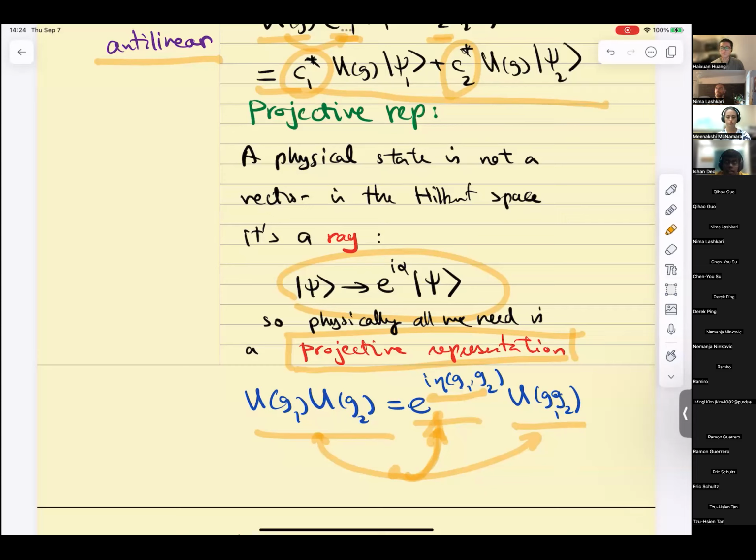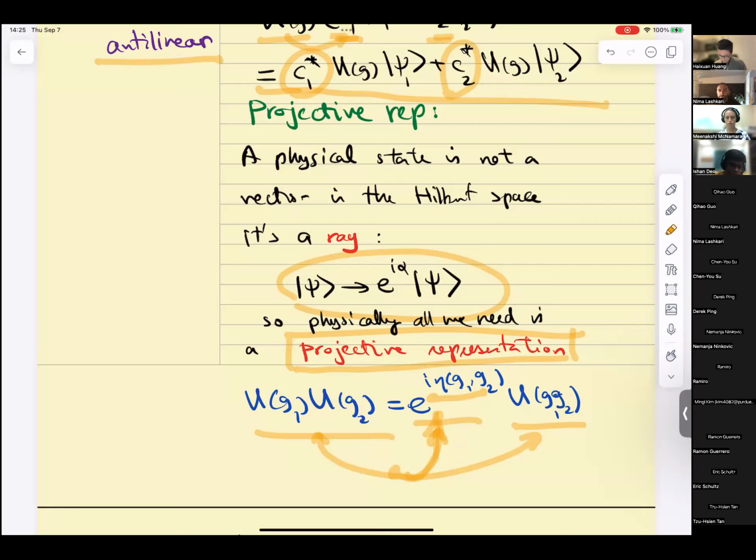So Wigner's theorem says that any symmetry should be represented by a unitary or anti-unitary transformation in the Hilbert space. What about projective representations? These are still unitary and anti-unitary.